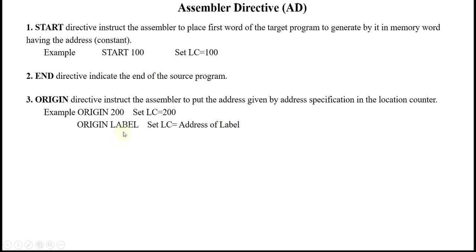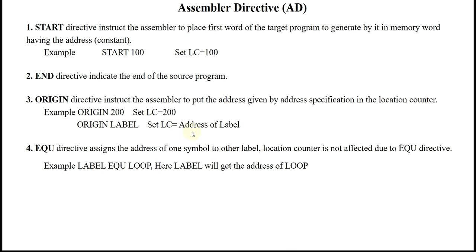Origin label means we are assigning LC equal to the address of the label symbol. Next assembly directive is EQU, equivalent. It assigns the address of one symbol to another label. For example, label EQU loop means we are giving the address of loop to label.